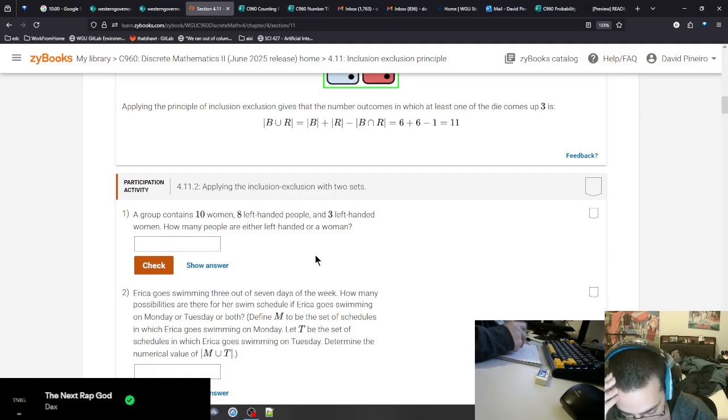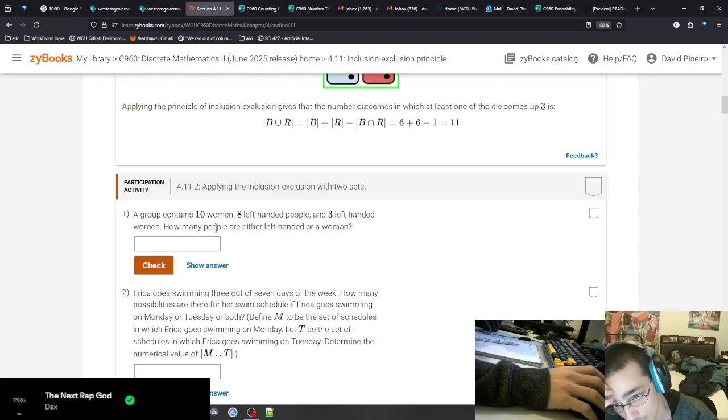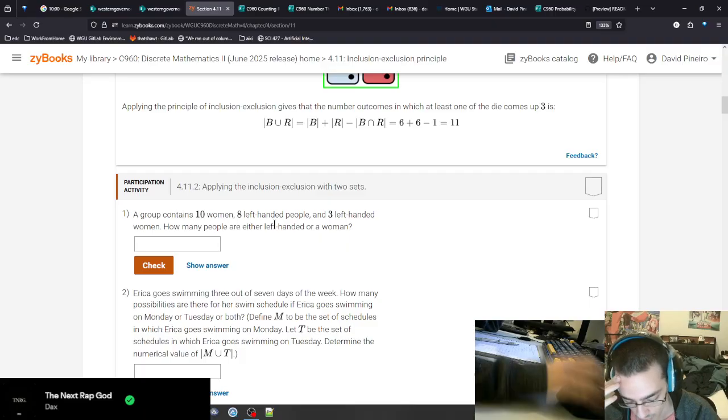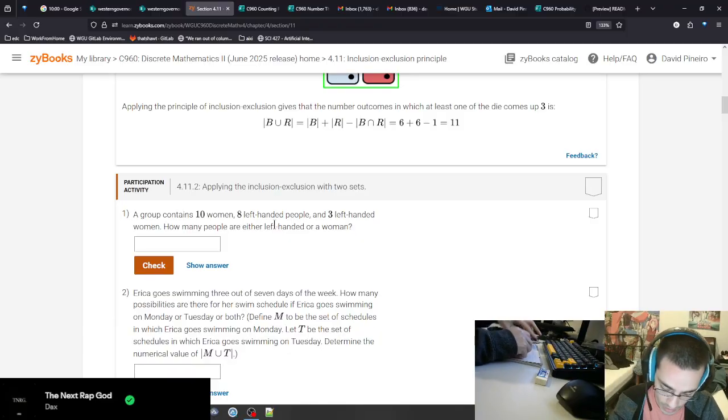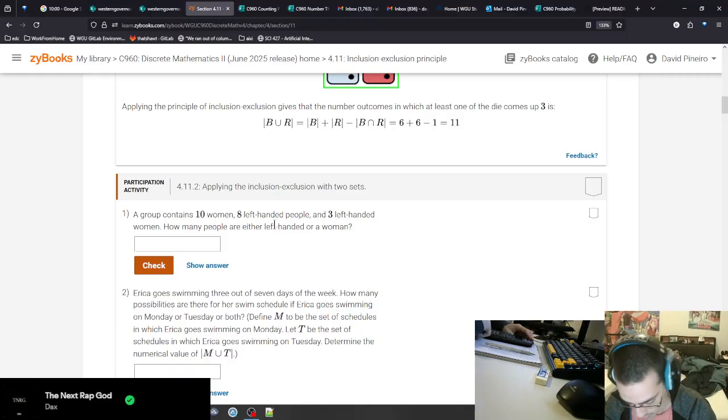So I would add 10 plus 8 minus 3, I guess. It says how many people are either left-handed or women. So yeah, that's the union. Could be both. Cool. So it's 18 minus 3.